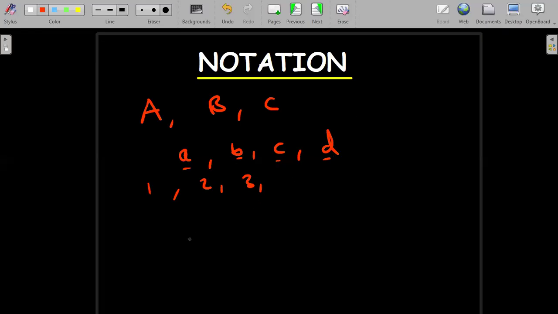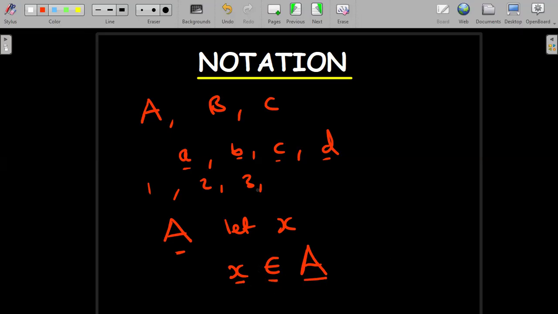So if we say let A be a set, then let x be a member of this set A. We denote this as x being a member of A, using this symbol here, which means a member.